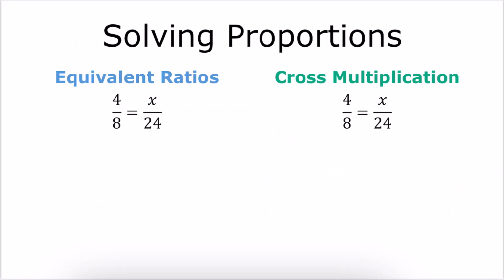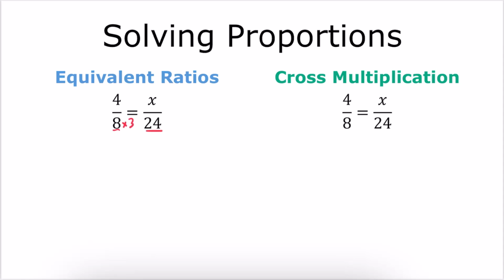Now that we've written a proportion, we need to be able to solve a proportion. This is the same proportion that's on the last slide. When we go to solve it, we can either do it by finding an equivalent fraction or we can use cross multiplication. If we were trying to find an equivalent fraction, we would say, what do I need to multiply 8 by to get to the number 24?